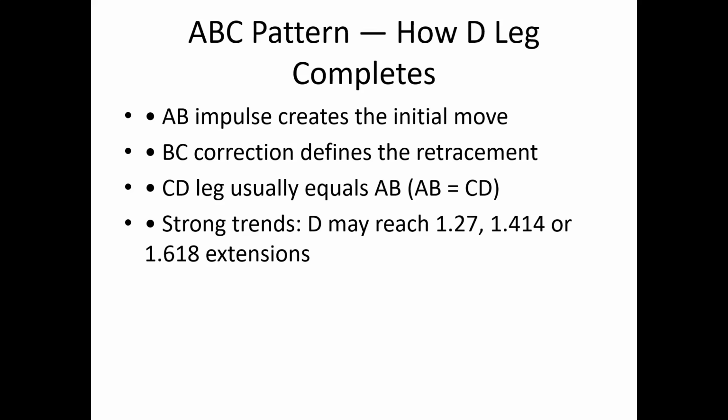In unusually strong trends, D may reach 1.27, 1.414 or 1.618 extensions. That means it will extend to the Fibonacci extension, not AB equals CD, not 1 to 1 but 1.27, 1.414 and 1.618.